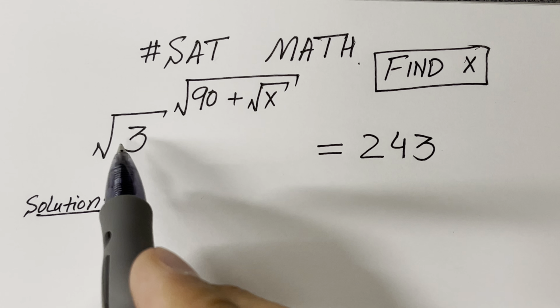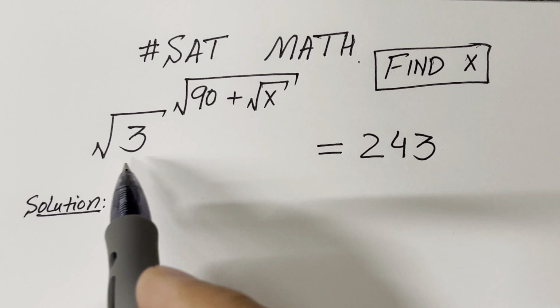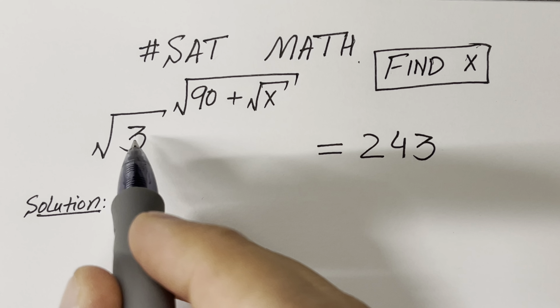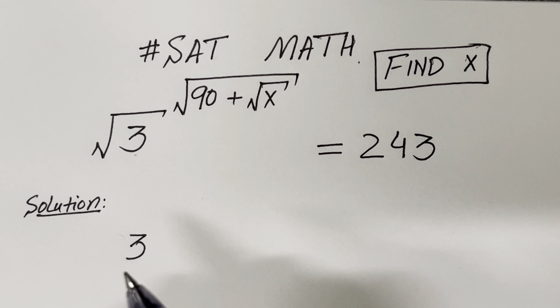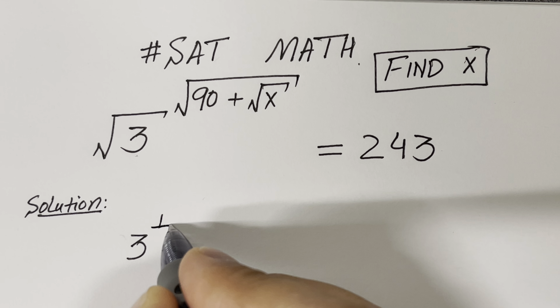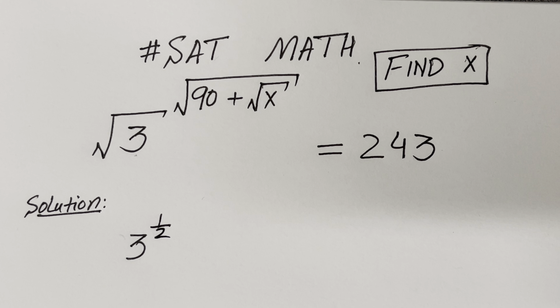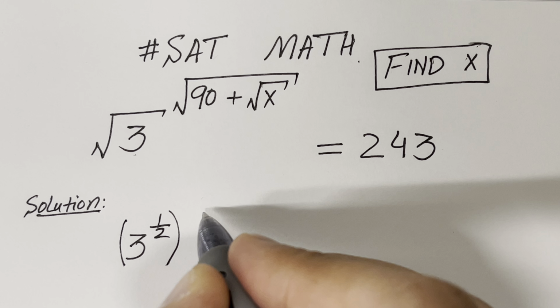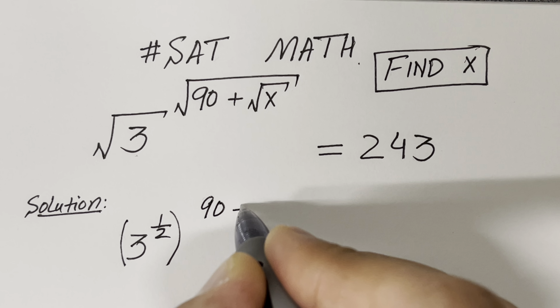If we look at the left hand side of this equation, we have 3 with a square root on it, and a square root of 3 means 3 raised to the power 1/2, and then we have this other part. Let's keep it as it is.